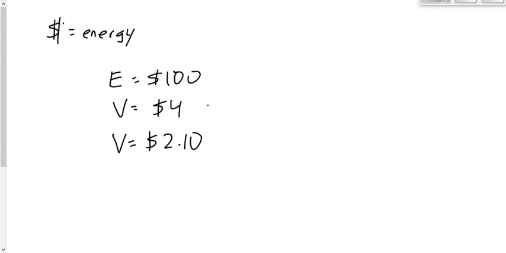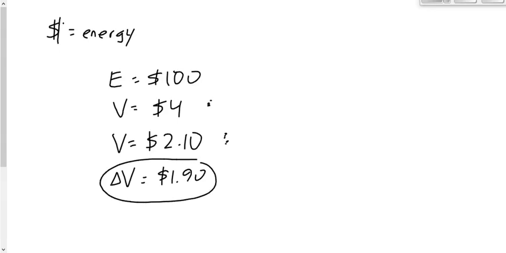This is how much money we had per person before we bought the Slurpee. This is how much money we had per person after we bought the Slurpees. What's my potential difference? The difference in energy per coulomb or the difference in money per person? It would be 190.